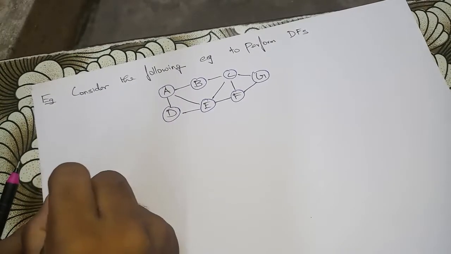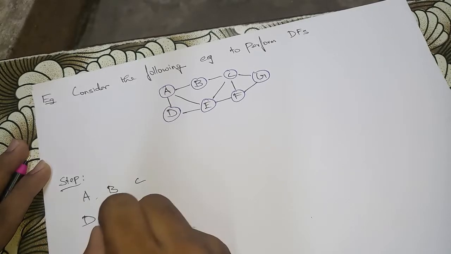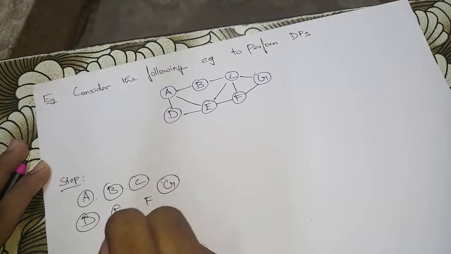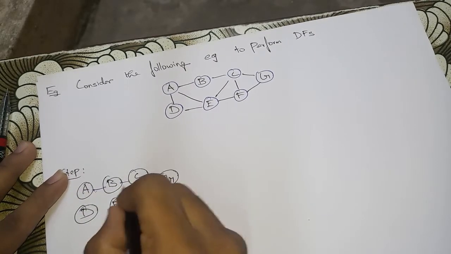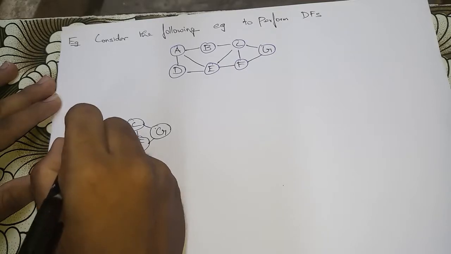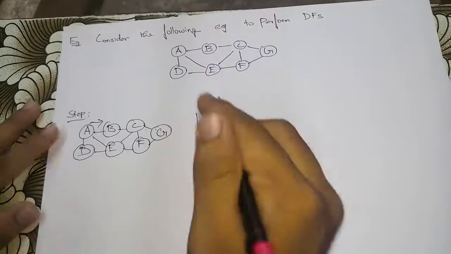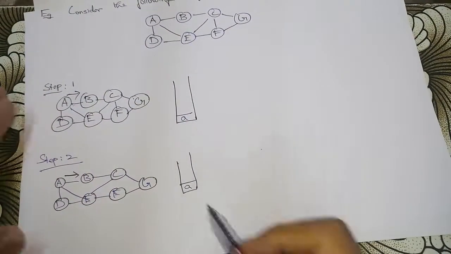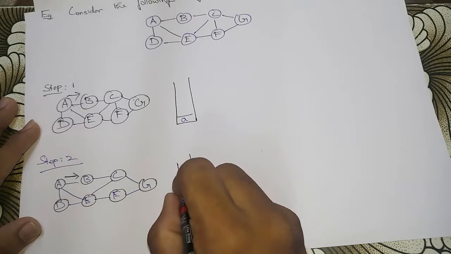Step 1. We can start at any vertex, and we travel first to B using alphabetical order, starting from A. On the next step, after the starting point, the next vertices should be pushed on the top of the stack.